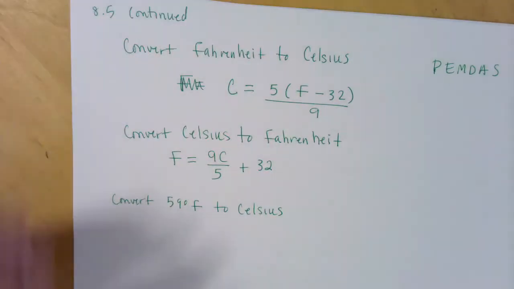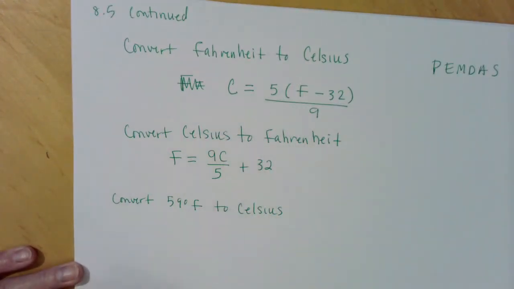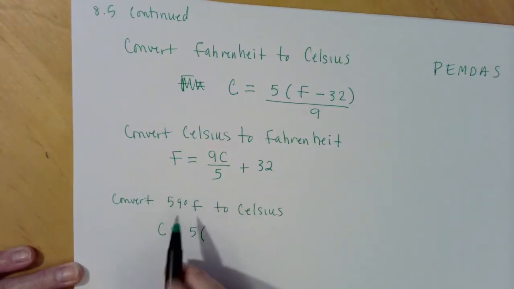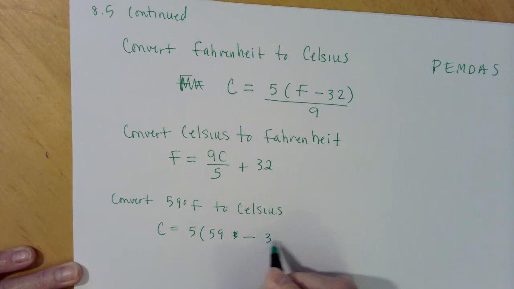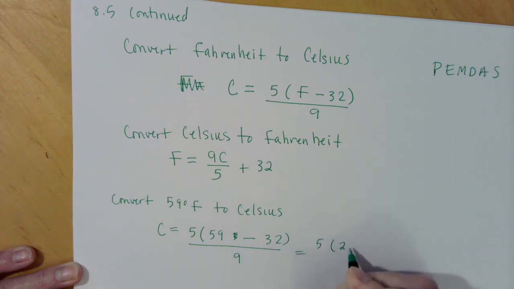Alright, so I want to end up with Celsius, and I'm given Fahrenheit. So use the top formula. And so our Celsius temperature will be 5 times the Fahrenheit temperature, which is 59 degrees, subtract 32, divided by 9. Okay? So, parentheses first. The first thing you need to do is 59 subtract 32. So I'm going to have 5 times 27 divided by 9.